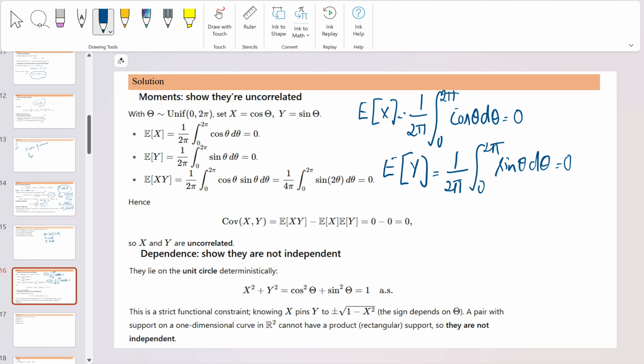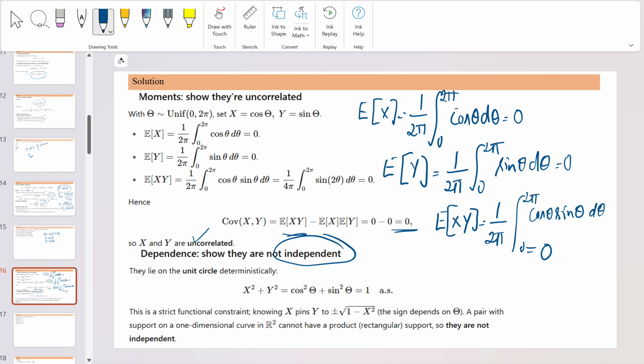The expectation of xy is 1 upon 2 pi, integral from 0 to 2 pi of cos theta sin theta d theta. This also comes out to be 0. So the covariance of xy, expectation of xy minus expectation of x times expectation of y, is 0 minus 0, equal to 0. So x and y are uncorrelated.